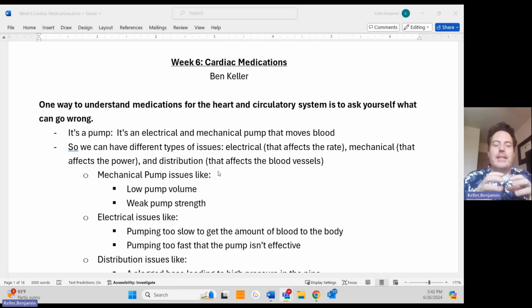Mechanical issues can affect the power, the amount of squeeze that the heart has during systole, or distribution, like a clog in the blood vessels that are leading out of it, or maybe something like angina, which is a clog or a clot with the little cardiac vessels that are feeding the blood to the heart to give it oxygen so it can work.